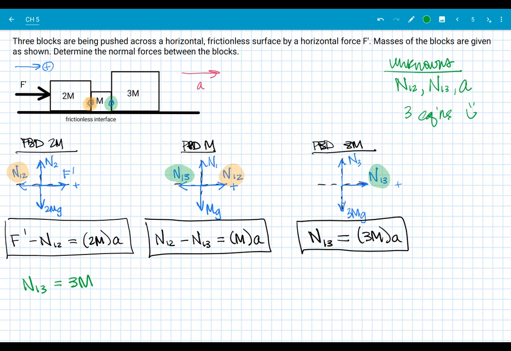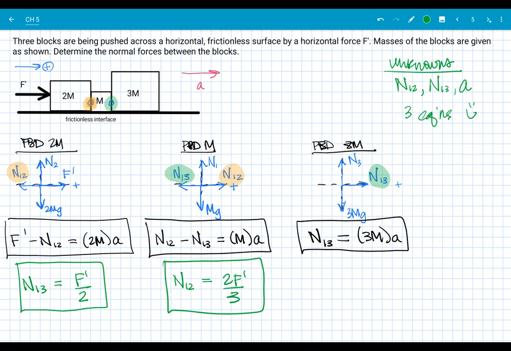For N13, take that back. We should end up with F prime over 2. So that will be the force in between blocks M and 3m. And for normal force N12, between blocks 1 and 2 there, we should get 2F prime over 3.